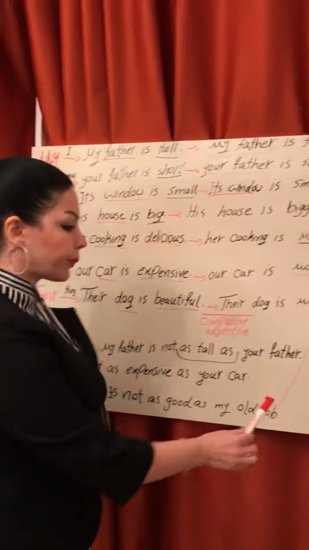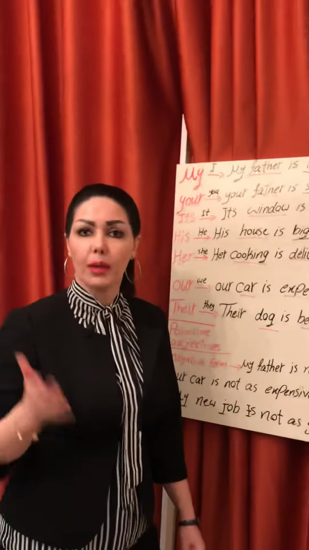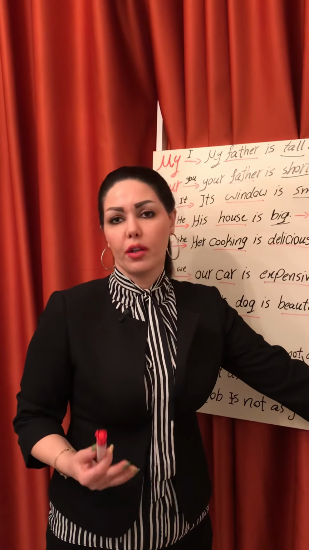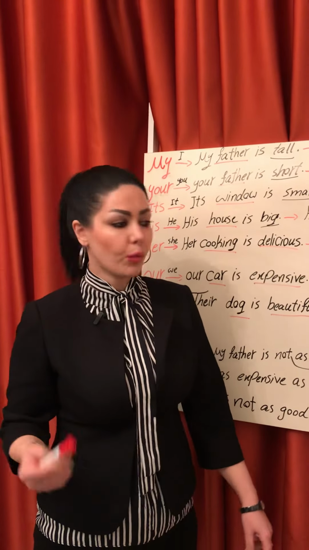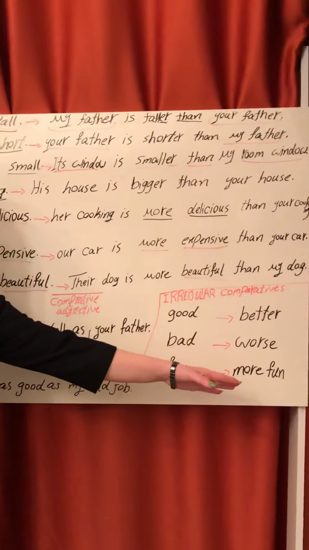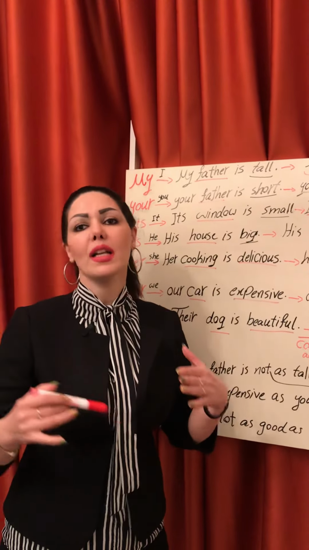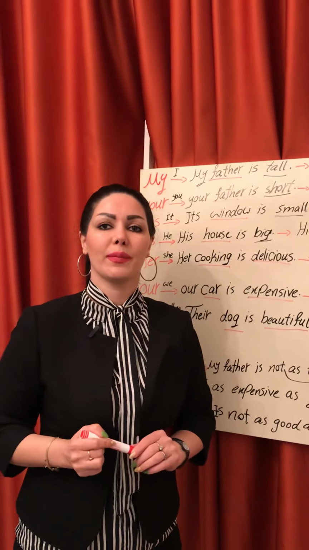Okay, so for fun, fun is one syllable, but this is an irregular comparative. We can't say funner than. We say more fun. For example, this movie is more fun than that movie.